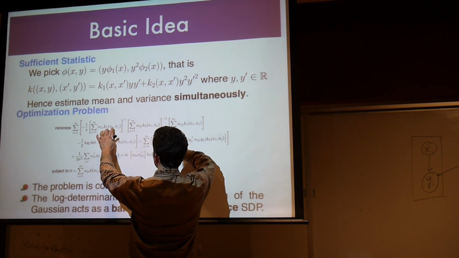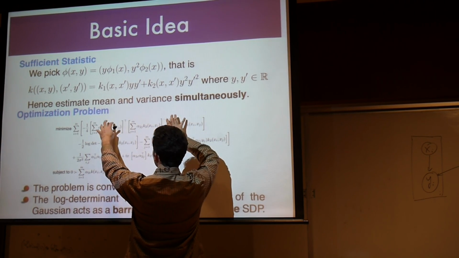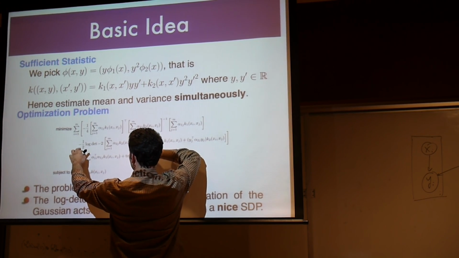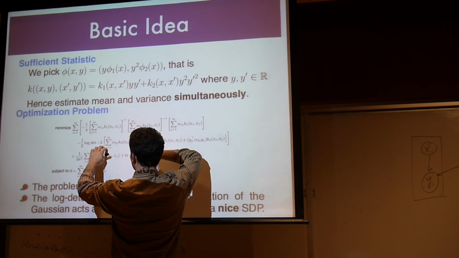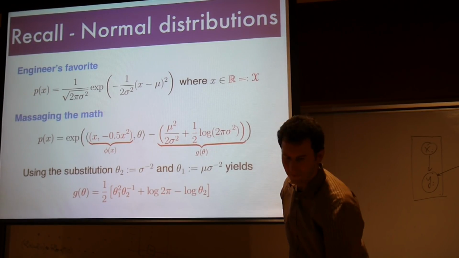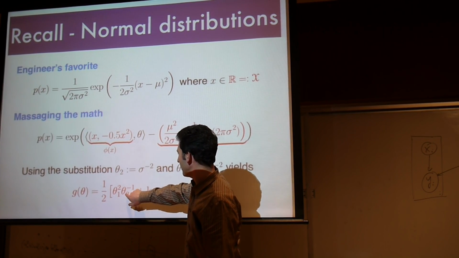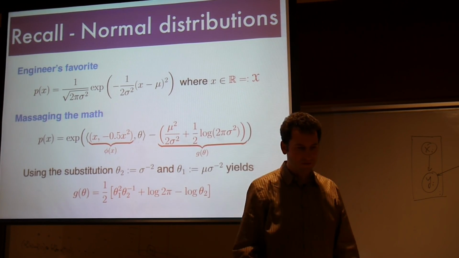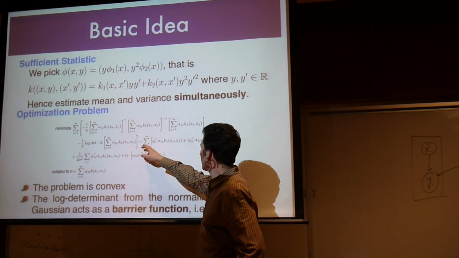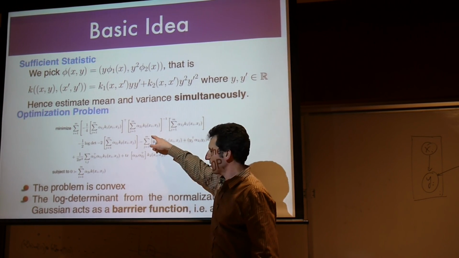So that's basically θ1 transpose θ2 inverse θ1, vector matrix inverse vector. And that's the log determinant term of the matrix. So that was that here. It's this here, right? θ1 transpose θ2 inverse θ1. That's the log there. Now this is our linear term, already expanded in terms of kernel functions.